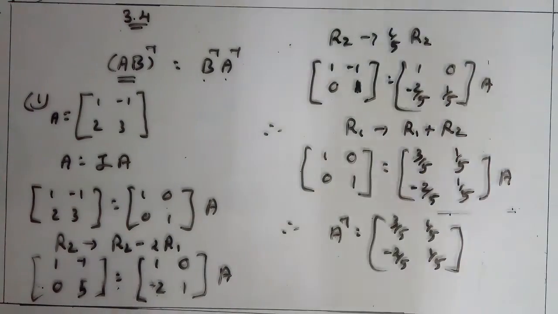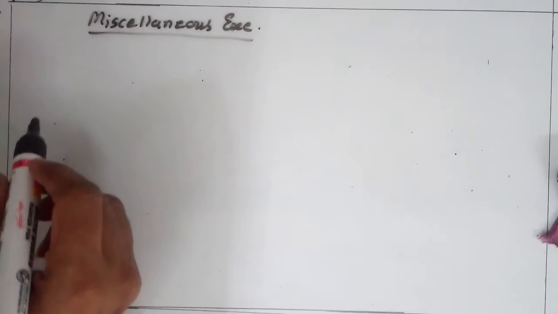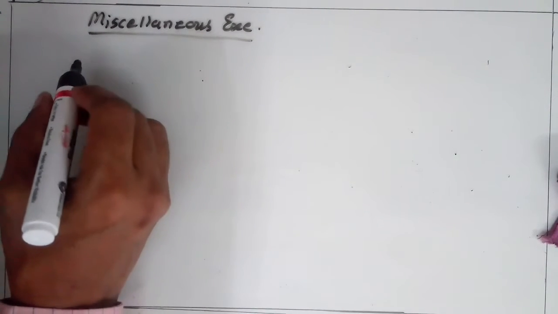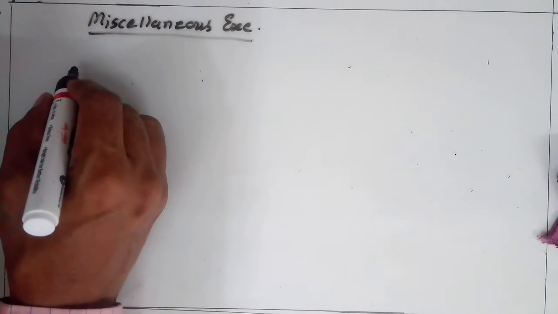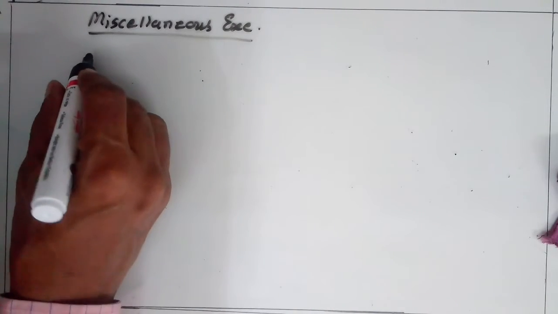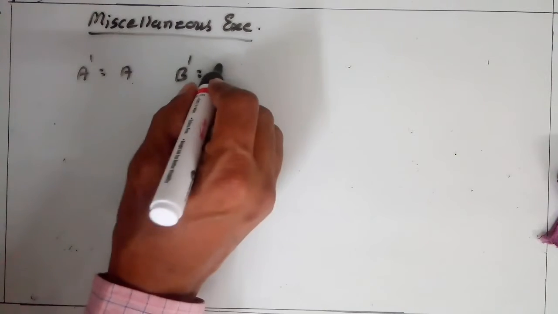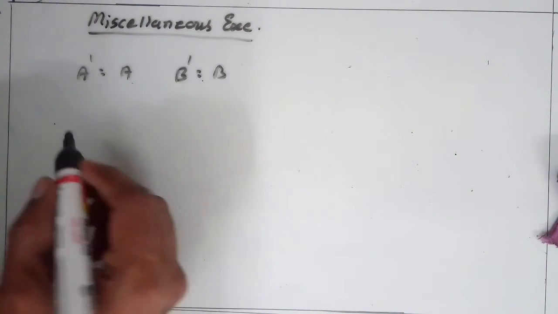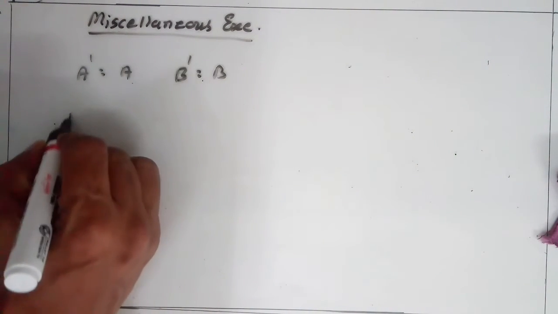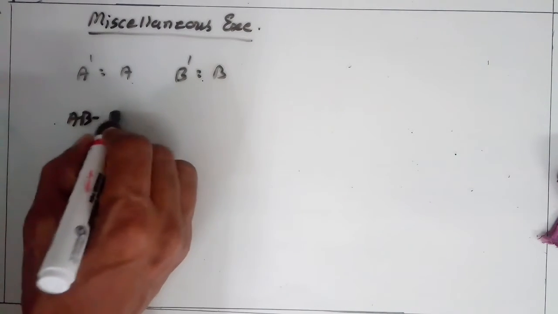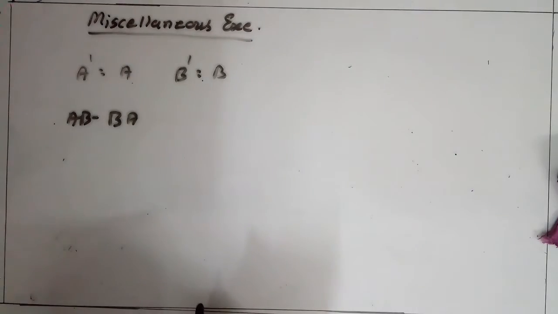Here it is given that A and B are symmetric matrices, so transpose of A is equal to A and transpose of B is equal to B. Here we want to show that AB minus BA is a skew symmetric matrix.